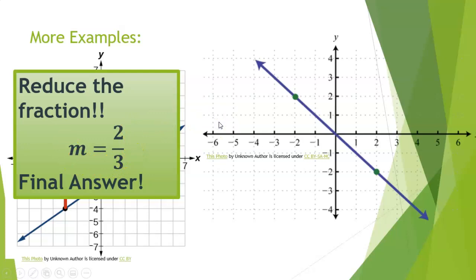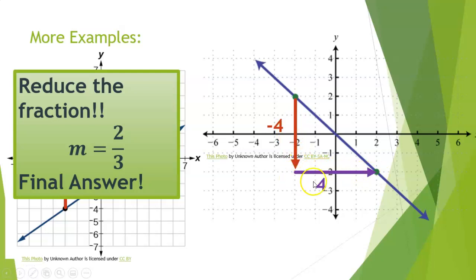For the second problem, again, they gave me points, so I will use those points that they gave me. Start on the left point. This time, I need to go down to get to the right point. I went down 4 spaces, so because I went down, it's a negative 4. Now I need to find my run.